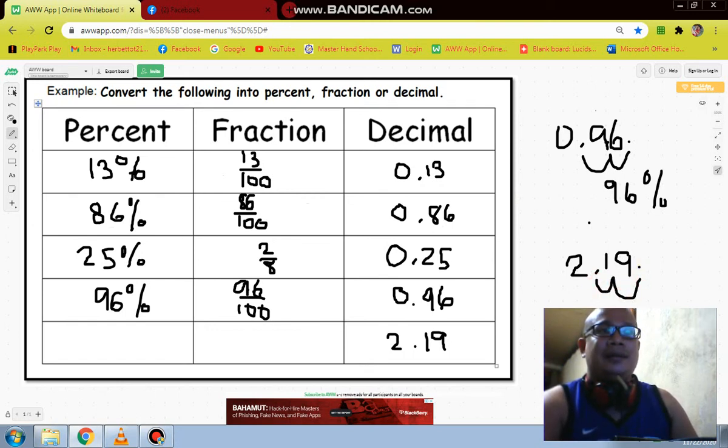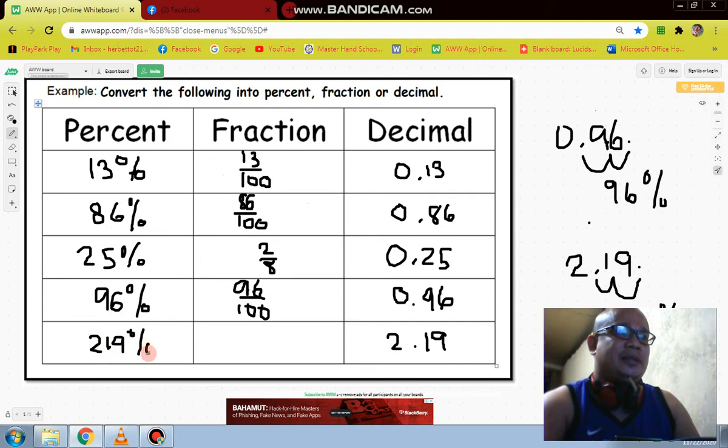So it's 219, and we put the percent sign: 219%. The next, percent to fraction. The denominator is always 100, so it's 219 over 100.